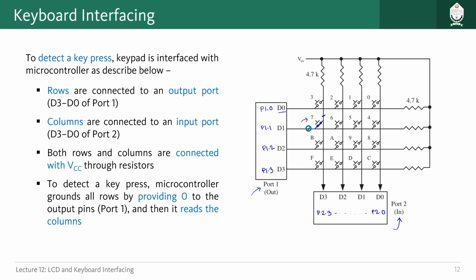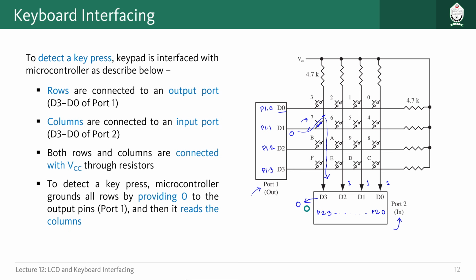So if D1 has been given logic 0, that will go through this path to here, so D3 will now get 0. All the other ones will get 1 because these are not connected, right? This push button is not connected, this one is not connected, so they will directly get this 5 volts through the resistor. So this is how we are going to detect a key press.